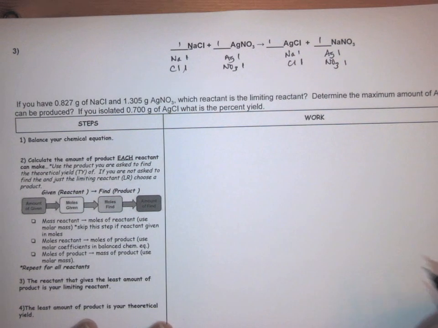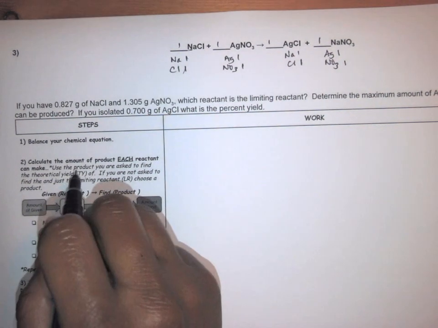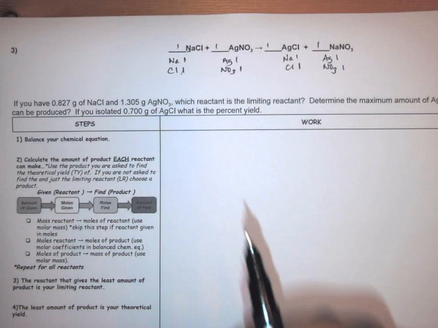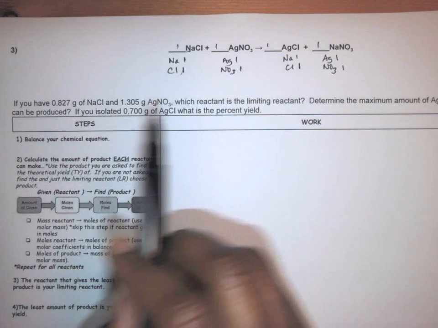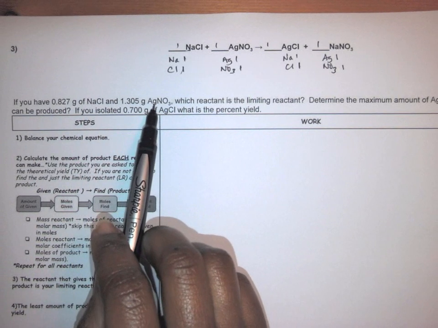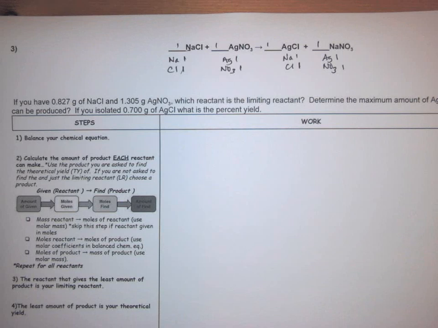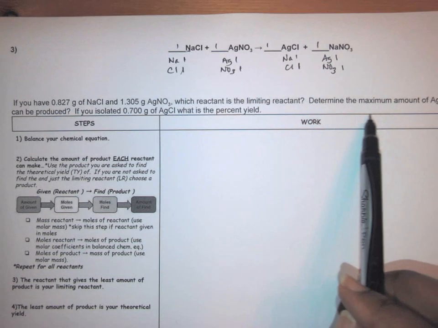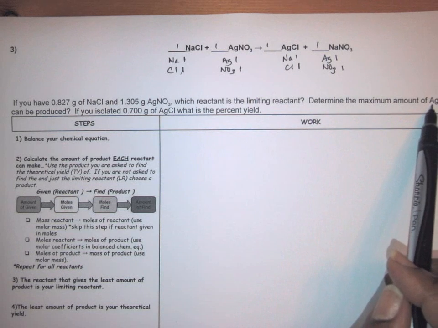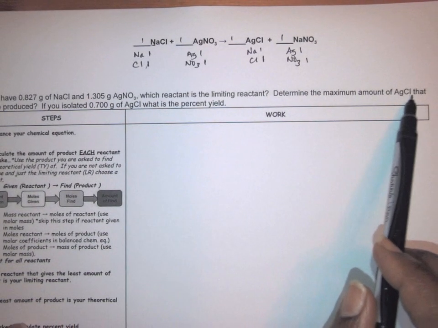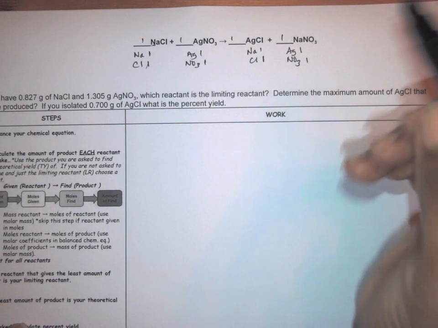All right, cool. All right, next step is to calculate the amount of each product each reactant can make. So we're going to figure out the amount of product we can make from NaCl and AgNO3 separately. Now, before we do that, what's the product that we should be focusing on? Because there's 2 here. Well, it tells us to determine the maximum amount of AgCl, so that's the product we have to focus on. Whatever product that they're giving us that we need for our theoretical yield, that's the product that you're focusing on.